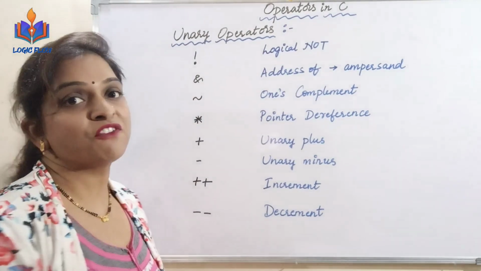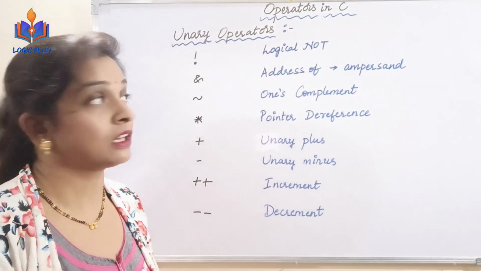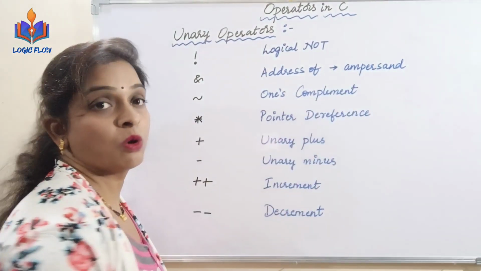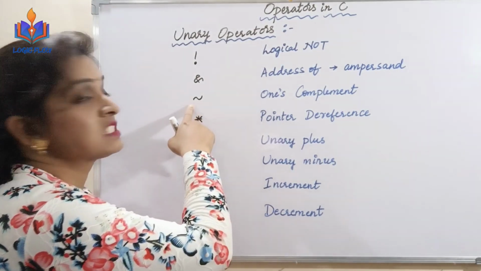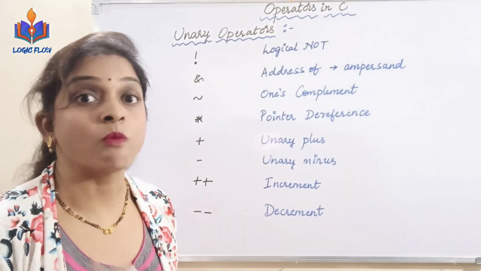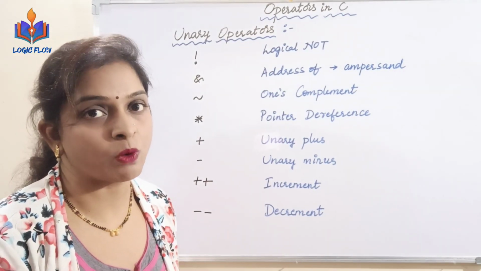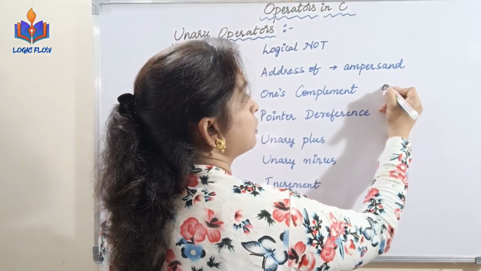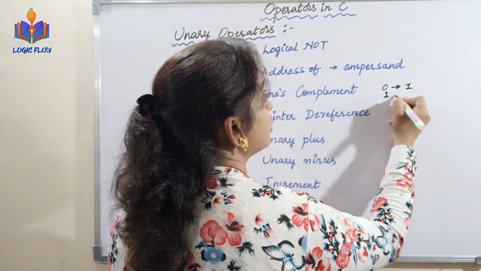Then we have seen this: it is the address operator, and we call it the ampersand operator. Then we have the tilde symbol, which is used to perform ones complement, converting zeros to ones and ones to zeros. So 0 to 1 and 1 to 0.